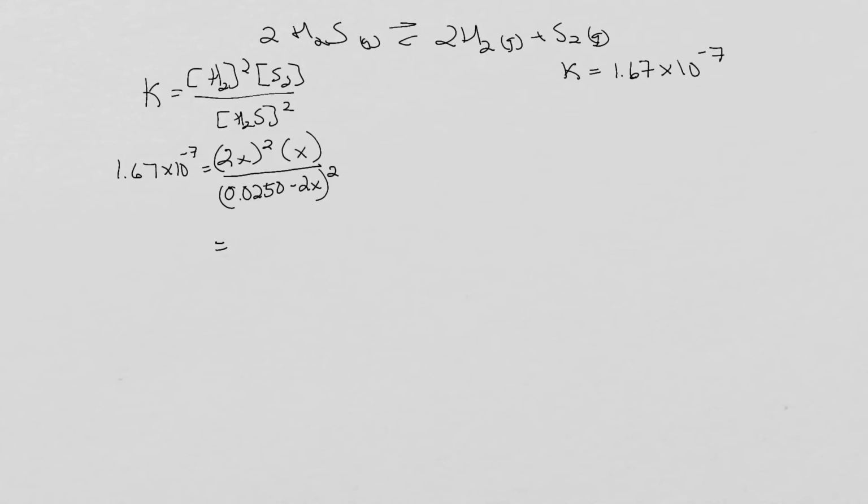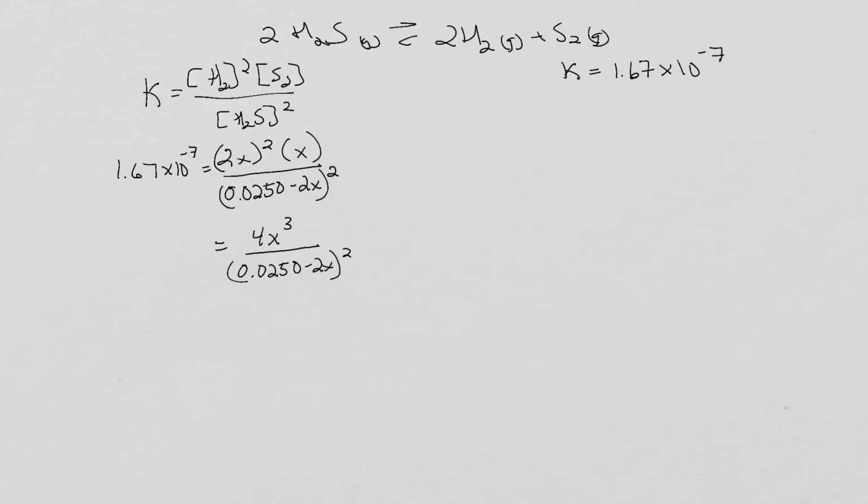The 2x squared, we get 4x squared times x. We're going to get 4x cubed on the top, over 0.0250 minus 2x, squared.